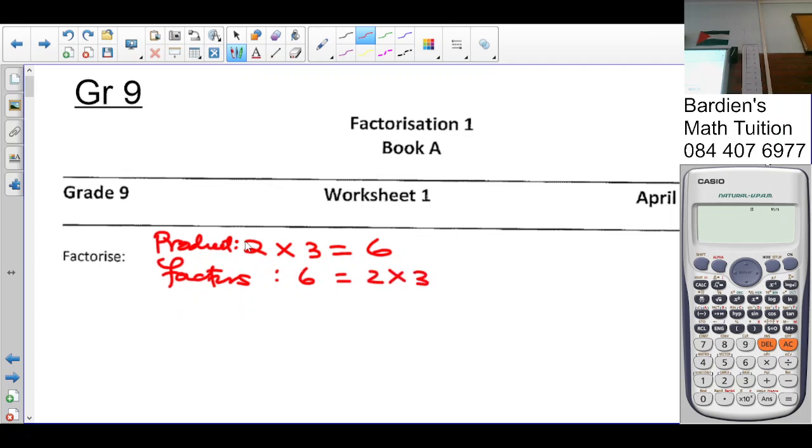So what do you notice? It's basically the opposite operations that's happening. Product is the inverse, or the opposite, of factorization. Factorization is the opposite of product. You understand?